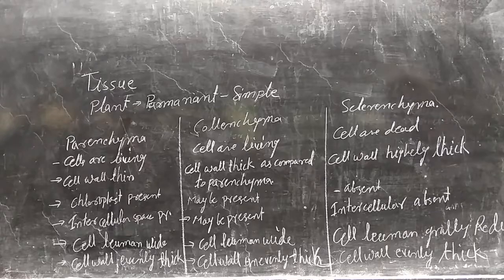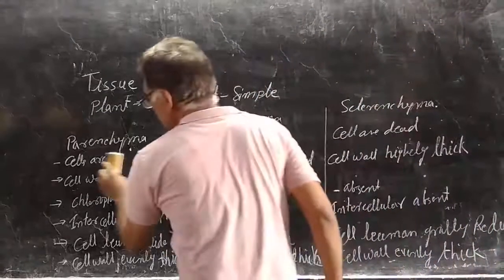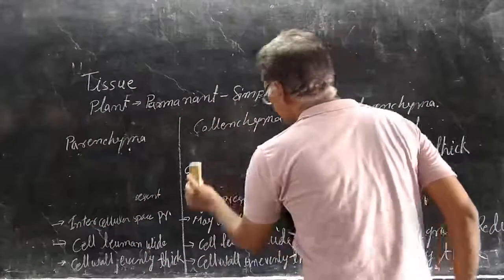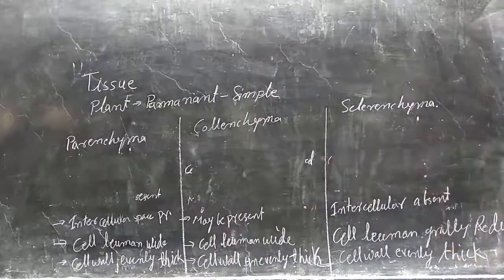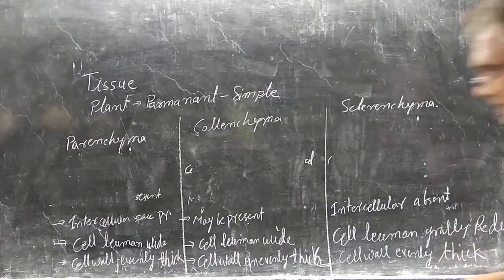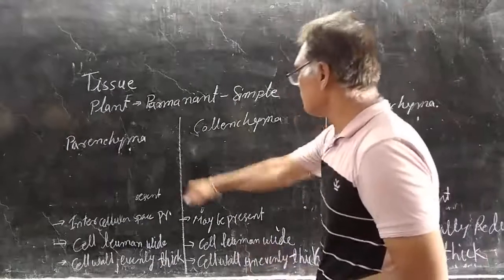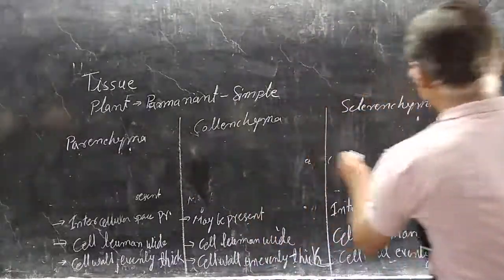And if we see some pores present in the cell wall, these pores are known as pits. We can say they are connections between the cell walls. For example, I draw one diagram.